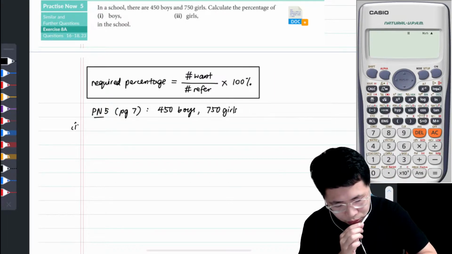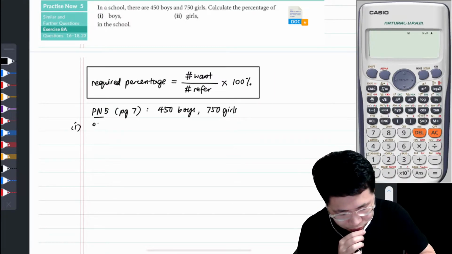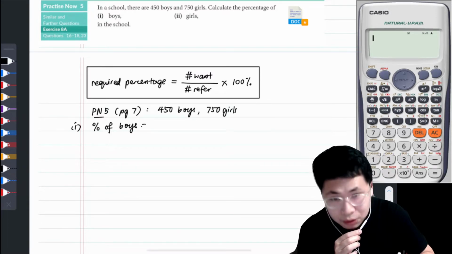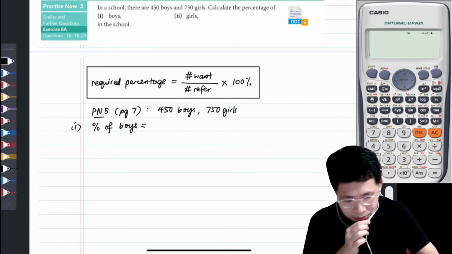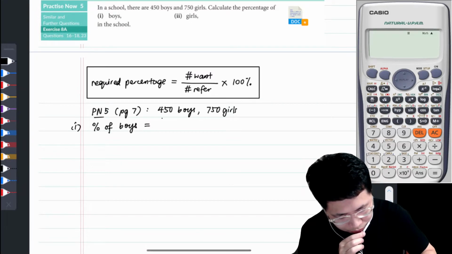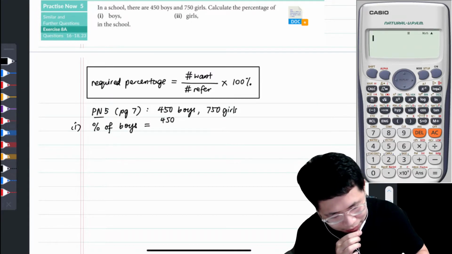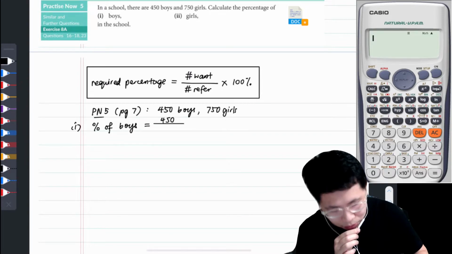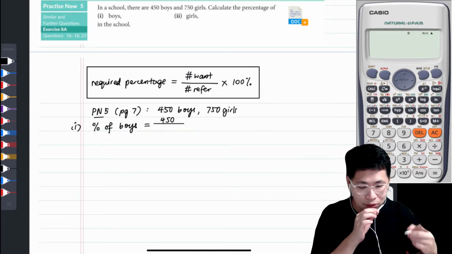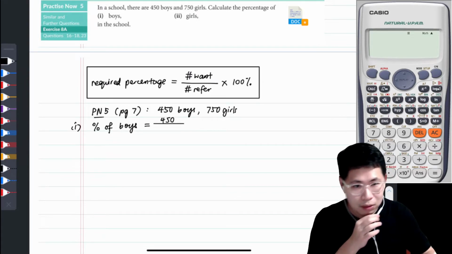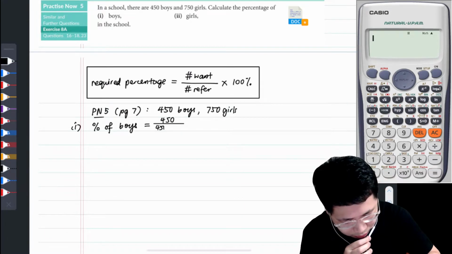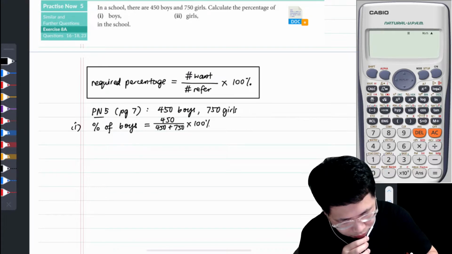So straightforward, the first one, the percentage of boys. We want boys, so we put the number of boys here, and if there's nothing else, percentage of boys just like that, it means we're referring to the total. So we put down the total, which is 450 plus 750, times 100%.